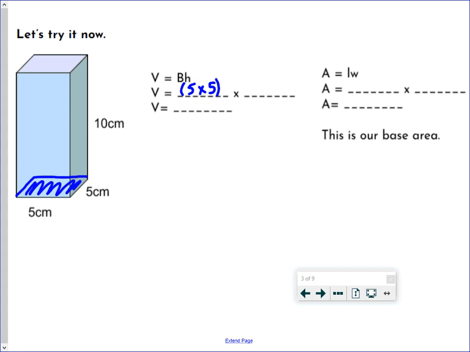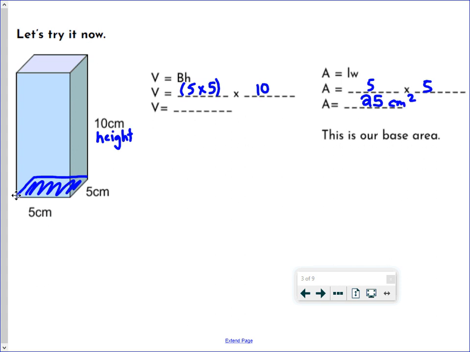And then the height, this would be our height. Our height would be 10. So 25 times 10. So let's do the base area over here. This is the base area on the right side. So the length would be 5. The width would be 5. So that would be 25 centimeters squared.